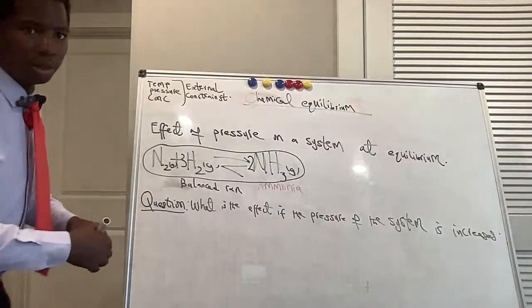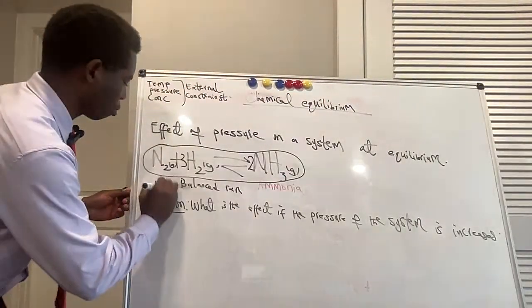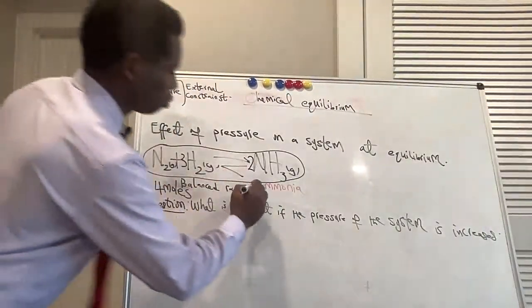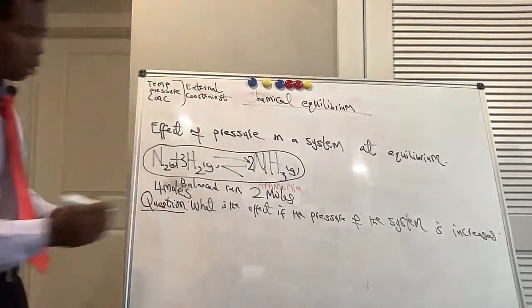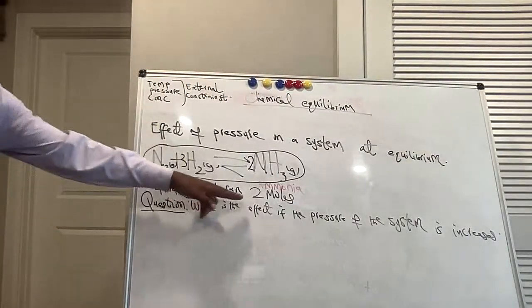Now, let's write 1 plus 3, 4. 4 moles, 2 moles. Now, when the pressure is increased, it favors the side with lesser pressure.